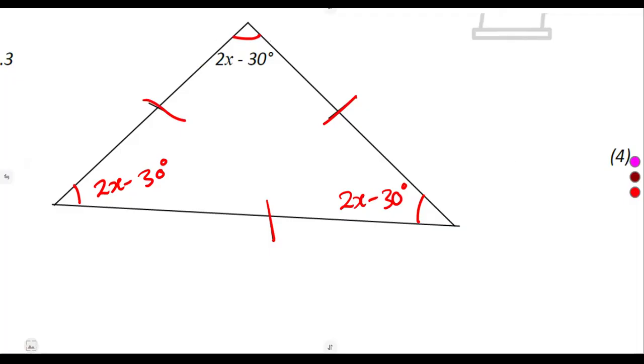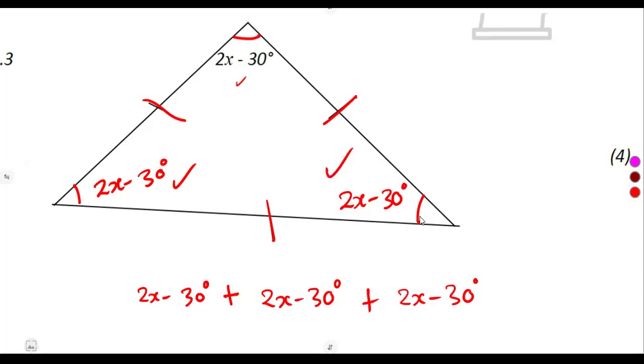So we can use the property of a triangle to say the interior angles, their sum is 180 degrees. If I add these three angles, 2x minus 30 degrees, plus 2x minus 30 degrees, plus 2x minus 30 degrees, what am I supposed to obtain? The 180 degrees of the triangle.